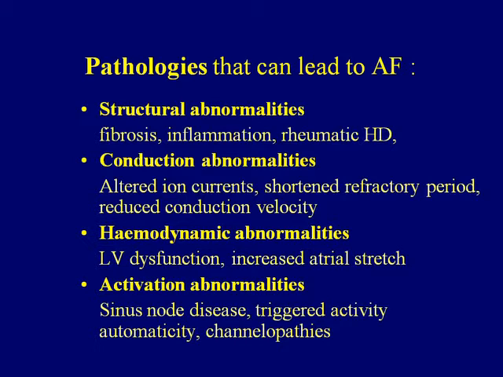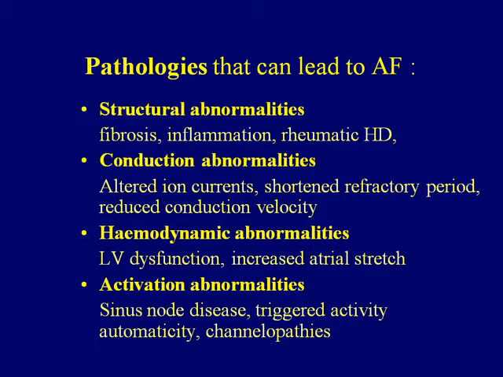And last but not least, and probably at the beginning in many cases, is activation abnormalities like the sinus node disease, when the sinus node doesn't activate or too slowly activates the atrium, then it becomes electrically unstable, and atrial fibrillation can be a manifestation, therefore, of sinus disease.